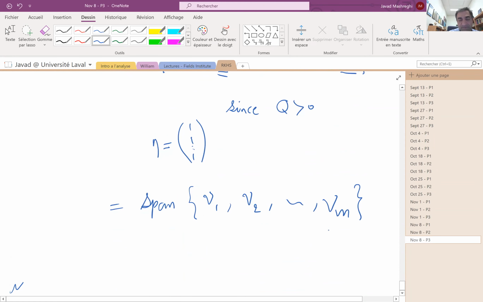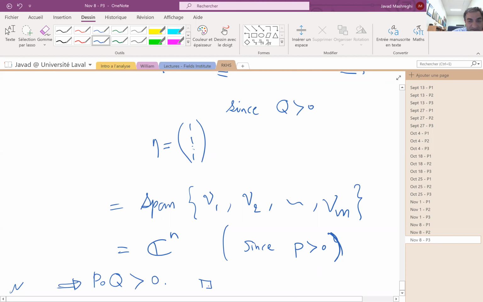And now I use the fact that P is strictly positive. This is equal to C^m because P is strictly positive. And the conclusion is that P Schur Q is strictly positive. That's the end of story.